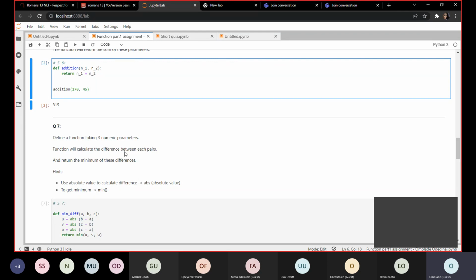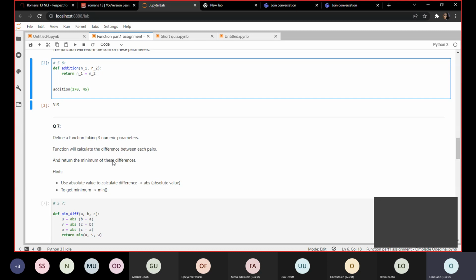A pair of trousers, we know that we have 2 trousers. So calculate the difference between each pair. We are taking them 2 at a time and calculating their differences. Now you have to return the minimum of these differences.